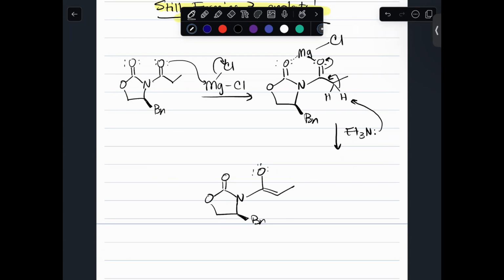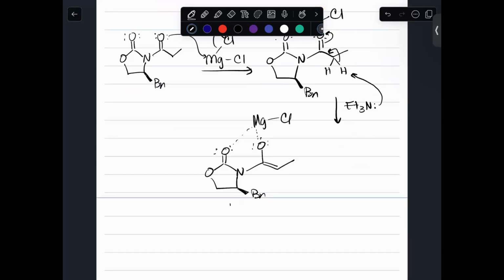Remember, again, both carbonyl oxygens are complexing to my magnesium. And so here's the thing. When you add your electrophile, your new carbonyl, okay, nothing has changed here. We still have our Z-enolate favored.